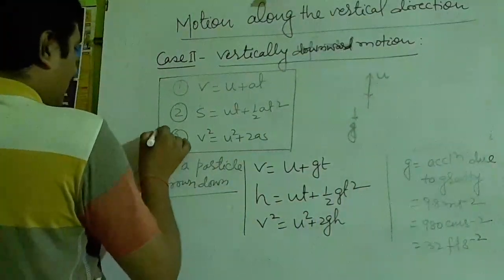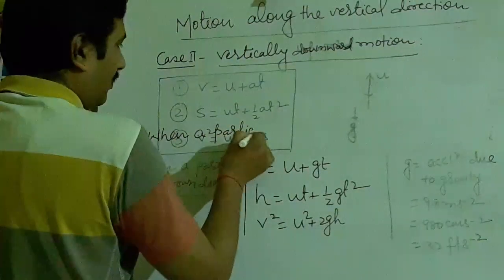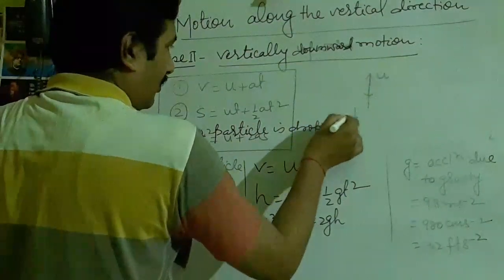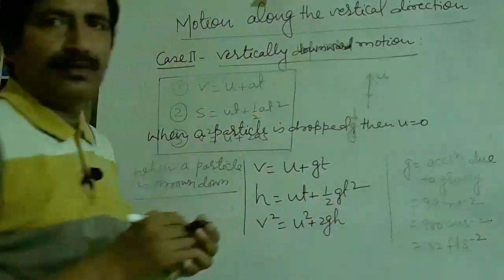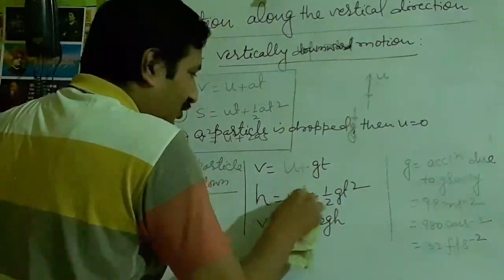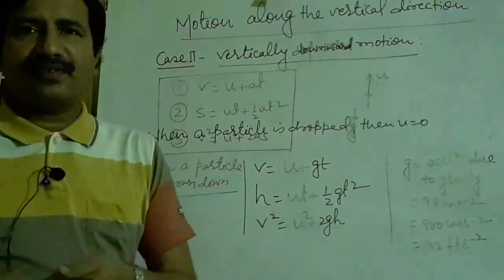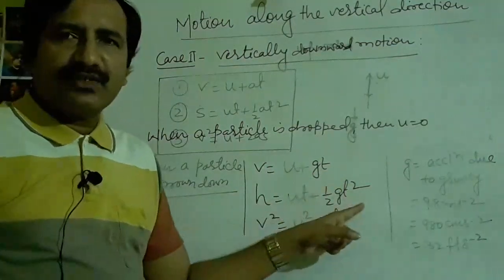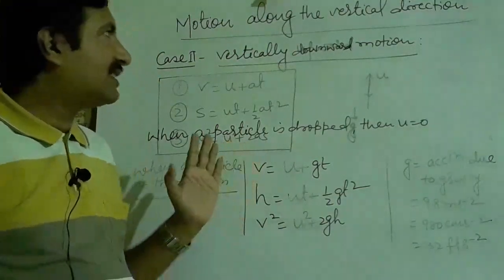When a particle is dropped, then the initial velocity u will become 0, and when u is 0, the term containing u will be removed from these equations. So the equations will be v = gt, h = (1/2)gt², and v² = 2gh. So these are the equations.